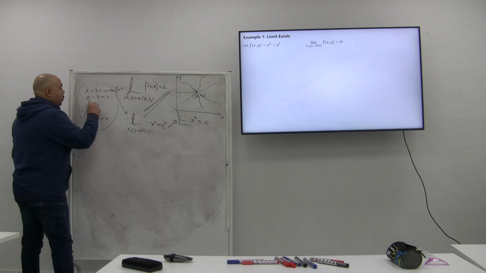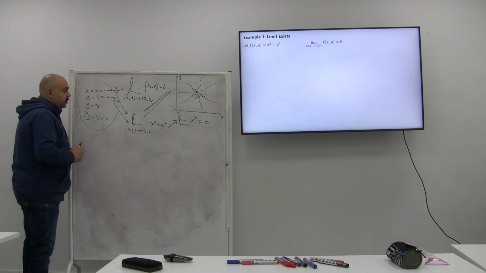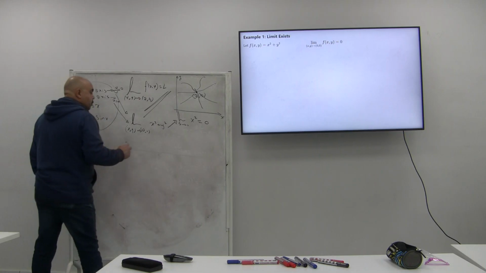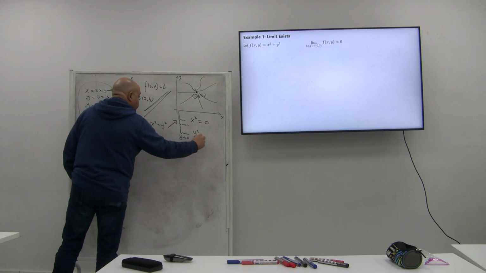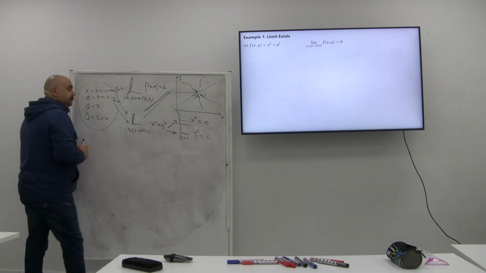If I use the y-axis, which means x equal to 0, I will substitute in this problem. Once you insert x equal to 0, all you will end up having is the limit as y tends to 0 of y squared, and you will have the same result, 0.